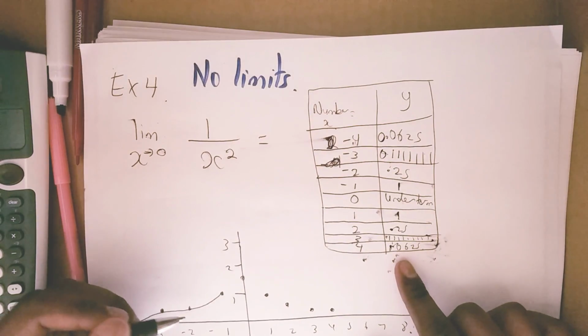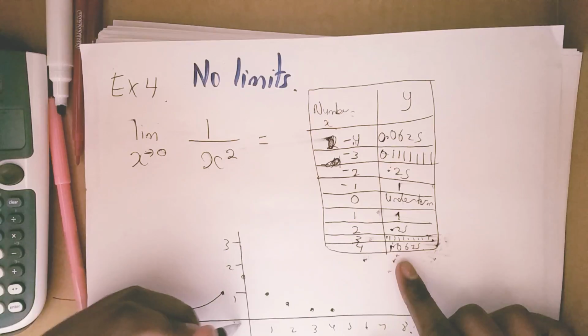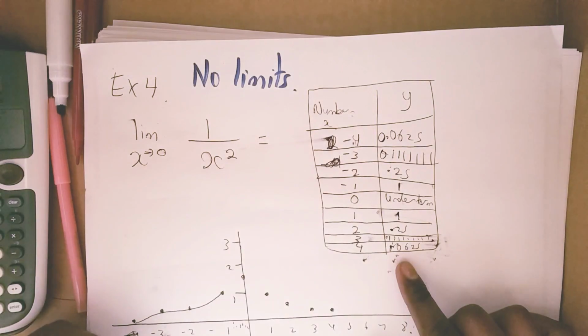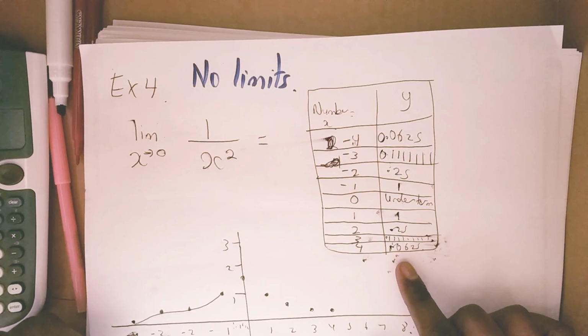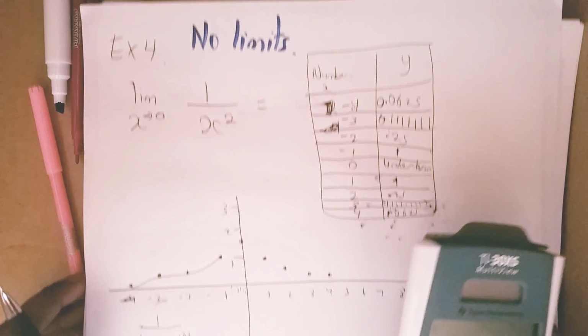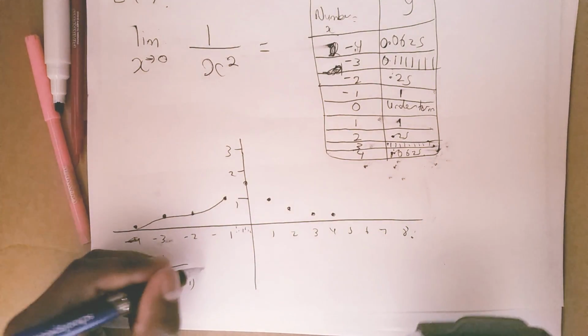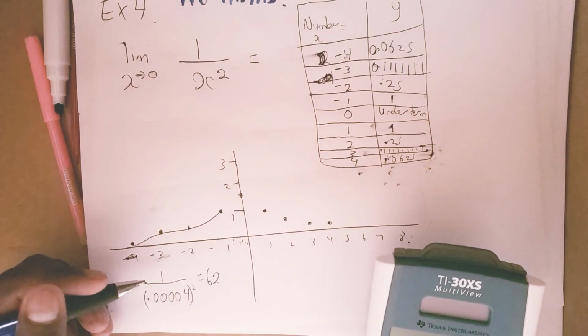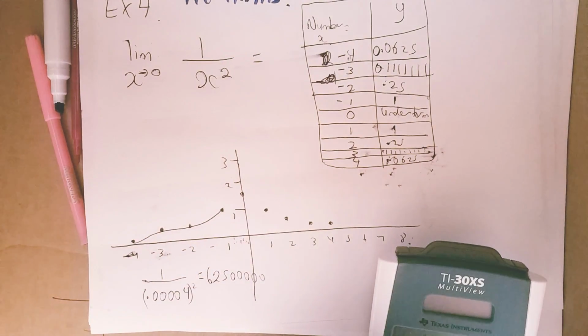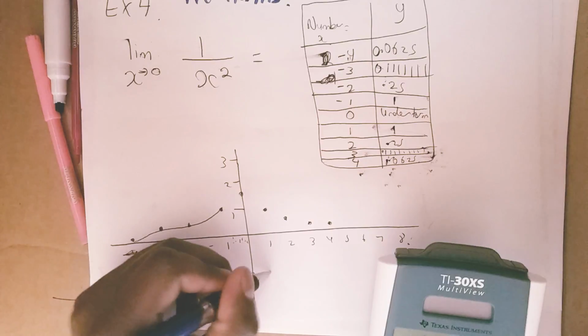However, if you continue to plot a very small point, the value of this would just keep going up. For example, if you plot 1 over 0.0000004 squared, the answer would be very large.